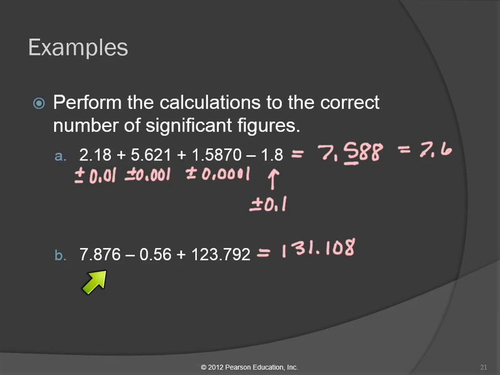So this one has how many decimal places? 3. And this one has 2 decimal places, and this one has 3. So that means we're going to round our answer to 2 decimal places. So we'll call this 131.11.